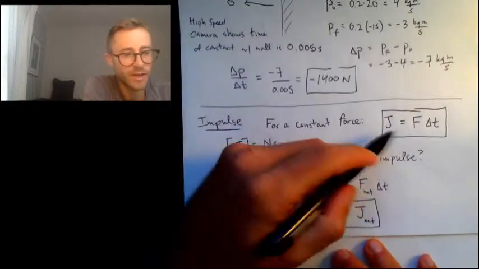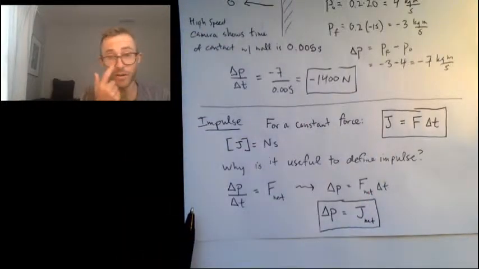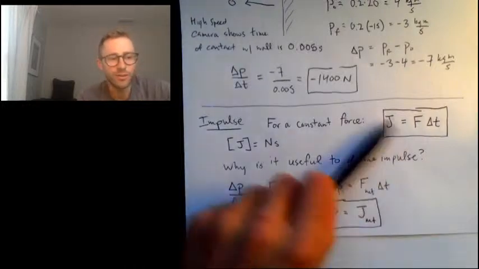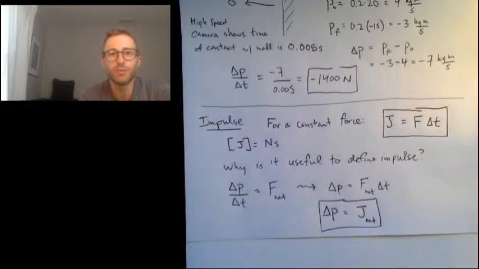We can define impulse for any one of the forces that are acting, but that might not be the net force. So we could talk about the impulse due to gravity, or the impulse due to friction, etc. But those aren't related to the momentum. It's only the impulse due to the net force acting on an object that is equal to the change in momentum.